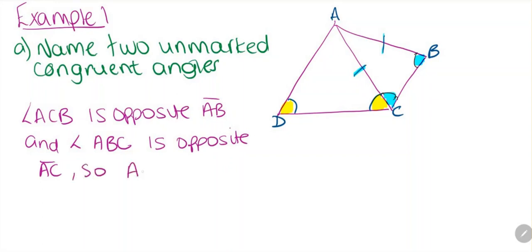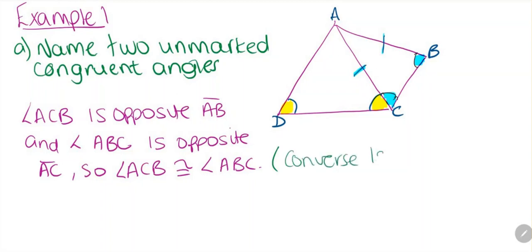So that means that the angle ACB is congruent to the angle ABC. So our base angles. And this is the converse isosceles triangle theorem.